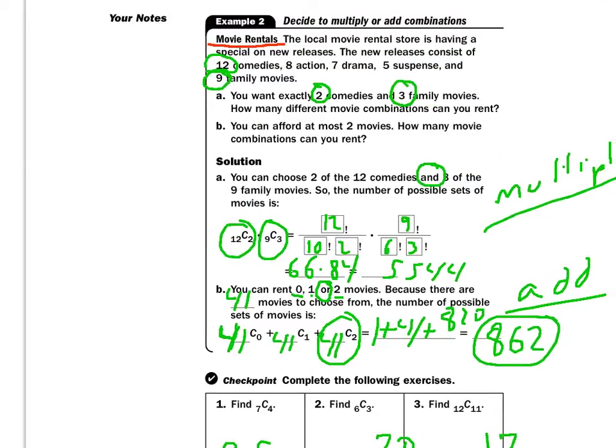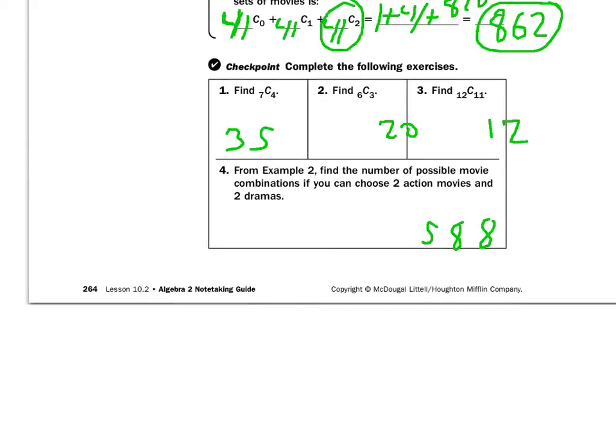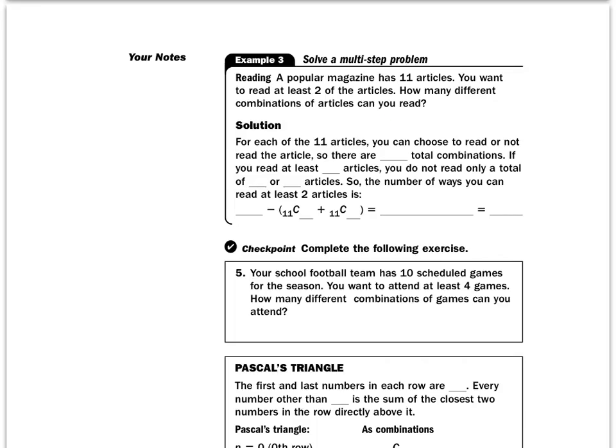Now, remember, there were 8 actions and 7 dramas. So, if I wanted to do 8 choose 2 times 7 choose 2, it said and, right? And so I multiplied. That would equal 588. Good. All right.